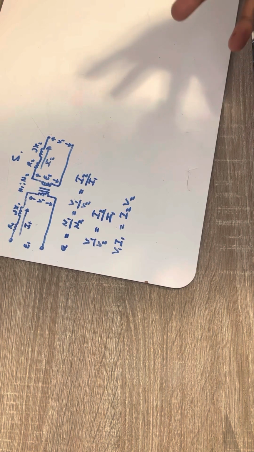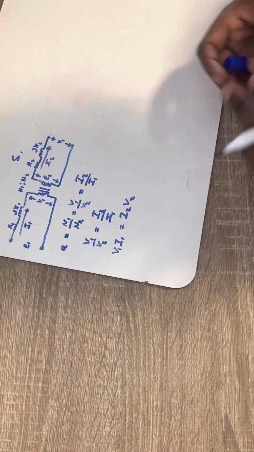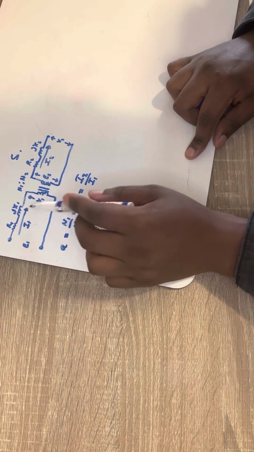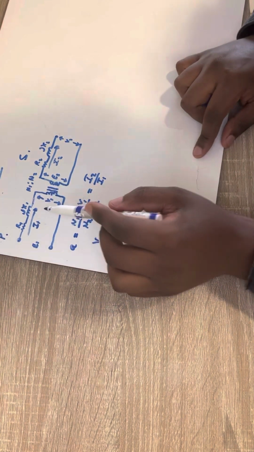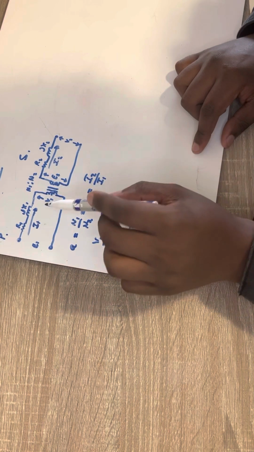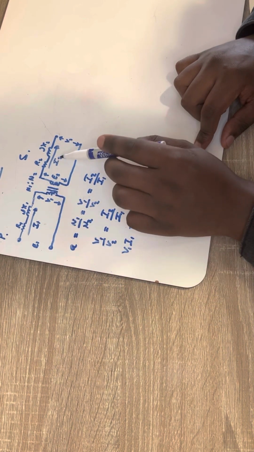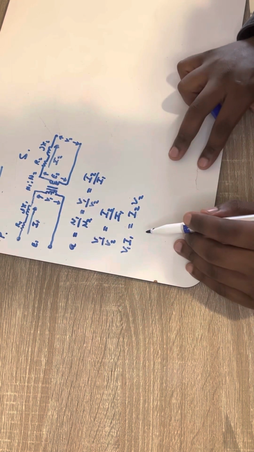So how do we now calculate the current referred from the secondary side? This means you are having this current, but you don't have the current on the primary side. What you want to figure out is the current on the primary side.